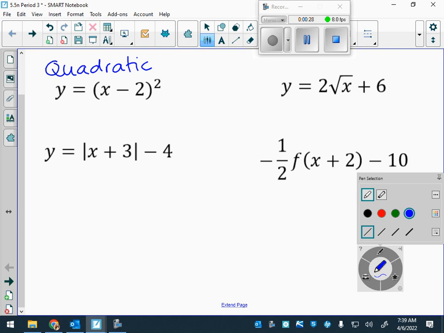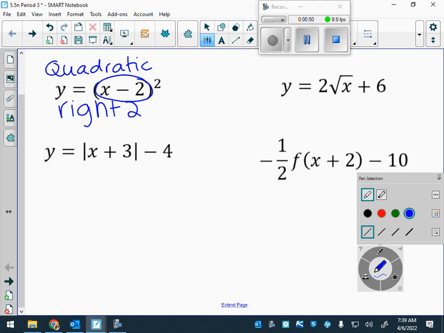Yep. Good. Moving to the right 2. Remember, if it's in parentheses or the absolute value brackets are underneath the square root, that's affecting the x. If the x is next to it, it's the opposite of what you see.